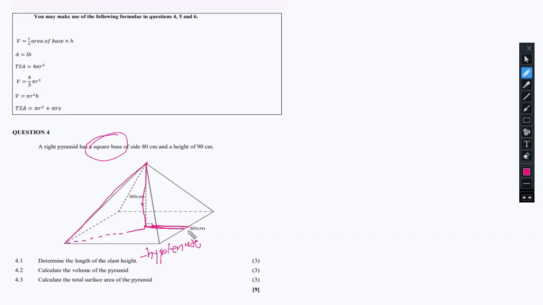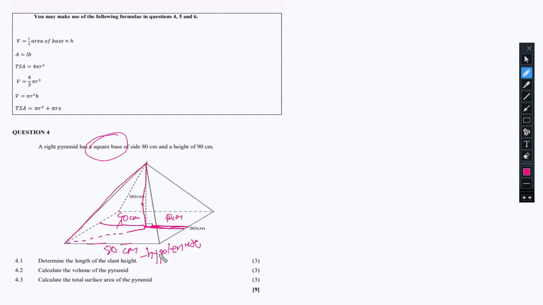Now note that this length here is also 80 centimeters, but the length that we have here is actually half. So this perpendicular height is always drawn to bisect this line here, meaning that we have 40 centimeters here and also 40 centimeters here.